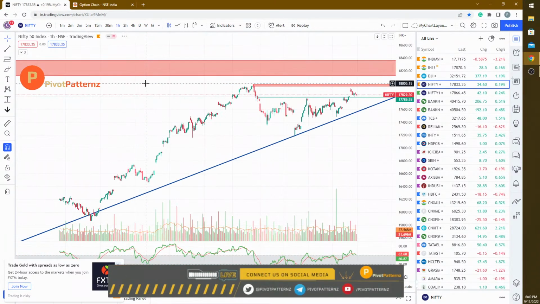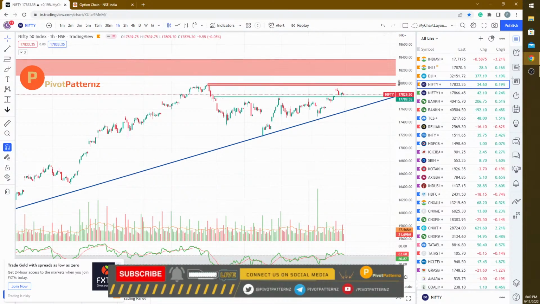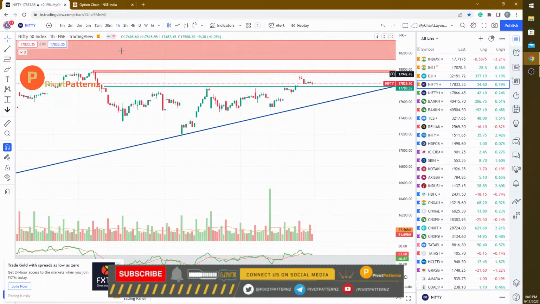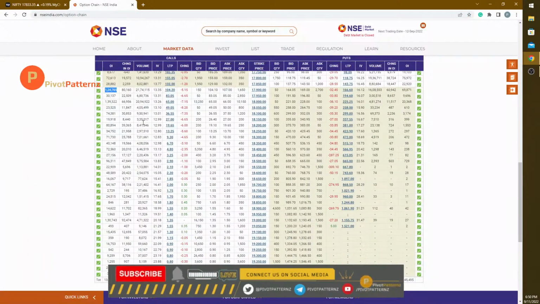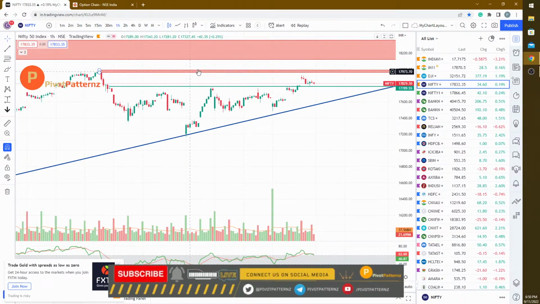This is one zone. So what I suggest is, if you get some opportunity to sell it, and whenever you get out of this breakout, trade it.